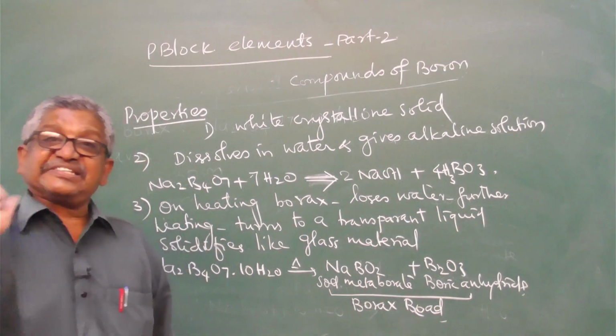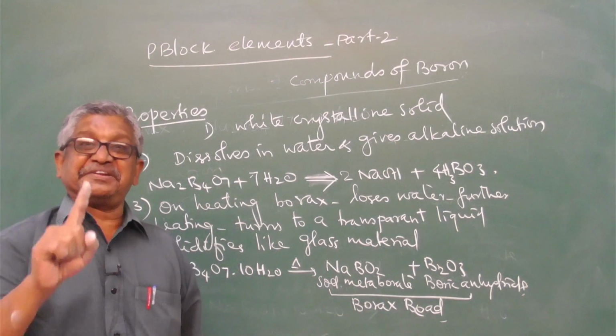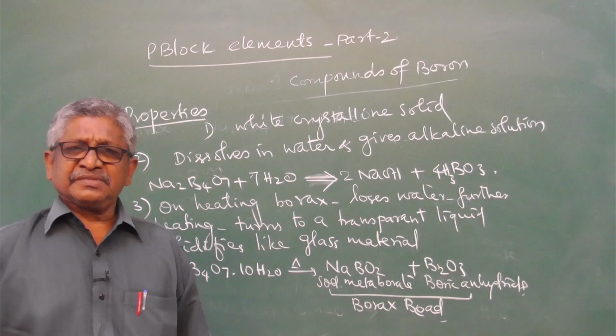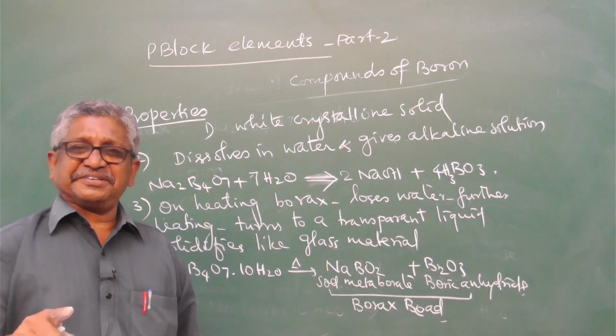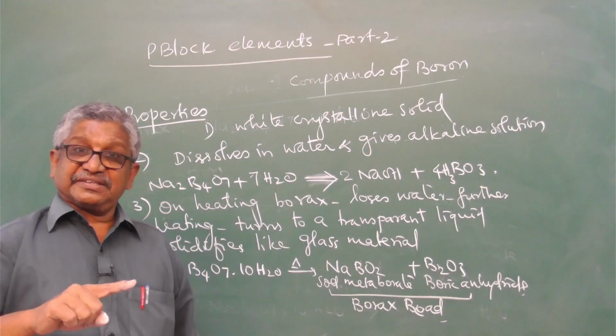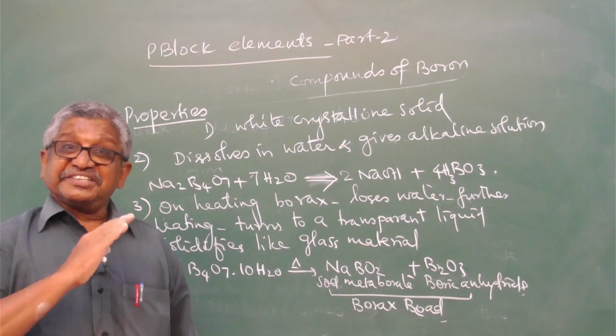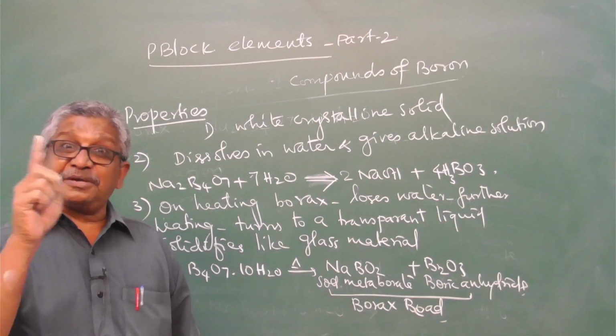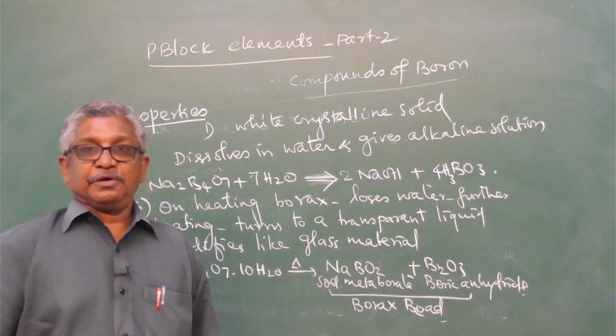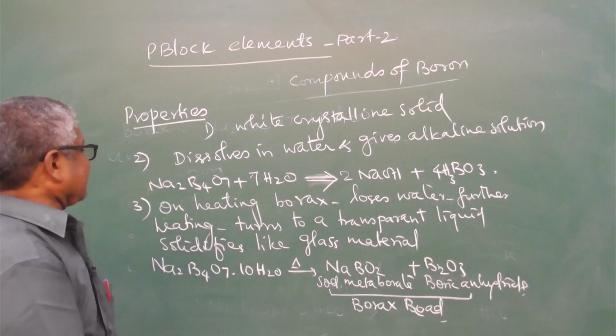There is a test called the borax bead test. This borax bead, when treated with a metallic ion, imparts color on the borax bead. Borax bead, how do you get it?